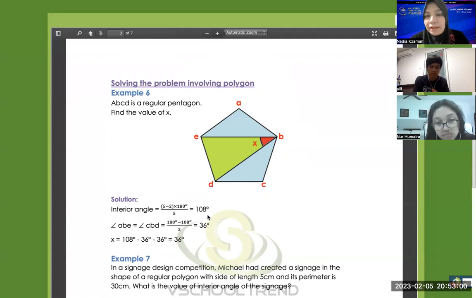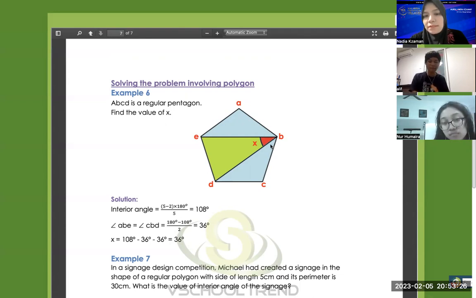So you get 108. Then afterwards you have to find angle ABE and angle CBD. You find this angle first, which is 180 minus 108, divided by 2, because we have two sides here.